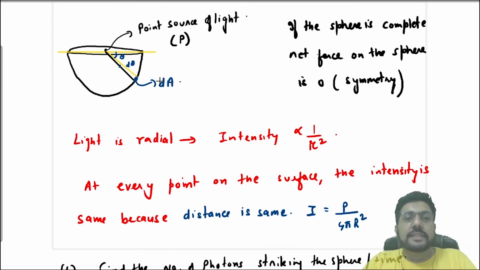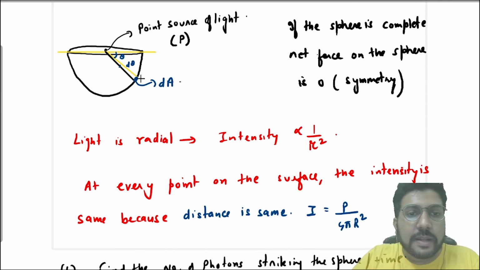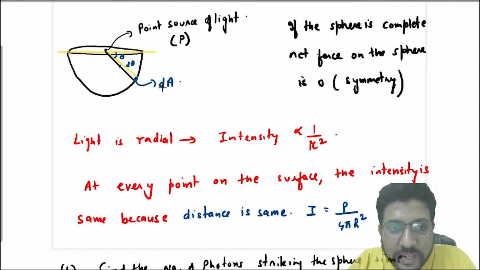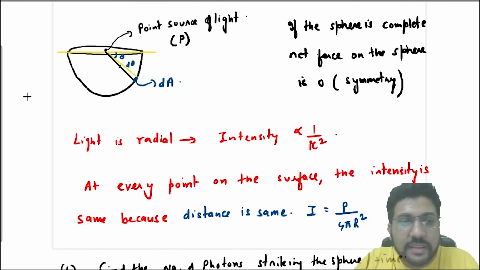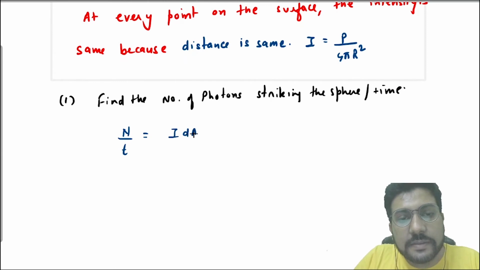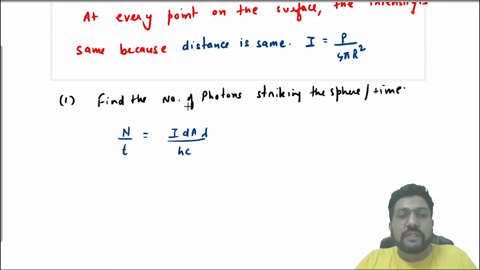Now this dA is already perpendicular to the flow of light, because light is flowing radially and the area is also radial. So in that case you will say that n by t is directly equal to I dA by E, where E is hc by lambda. Okay, so we have got the value of n by t.